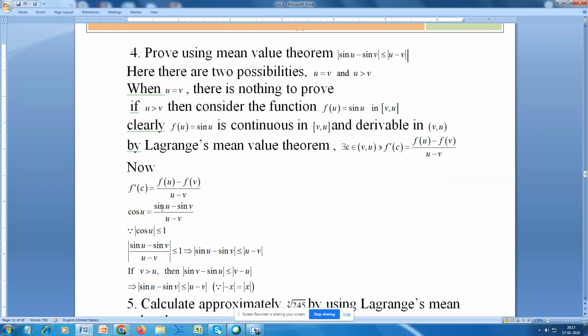What is cos c here? Modulus of sin u minus sin v by u minus v less than or equal to 1. So mod a by b is equal to mod a by mod b. According to that, mod of sin u minus sin v by mod u minus v less than or equal to 1. Now take cross multiplication and we have the result.